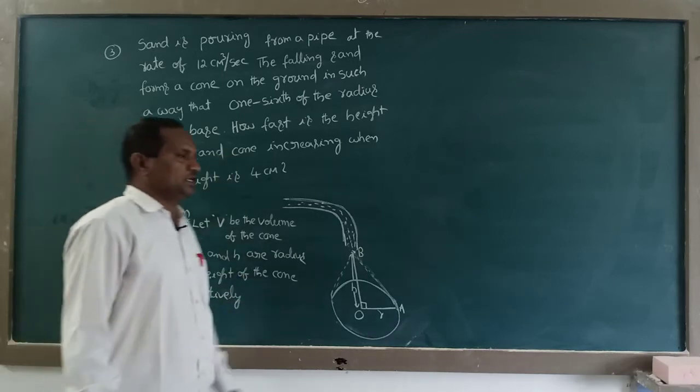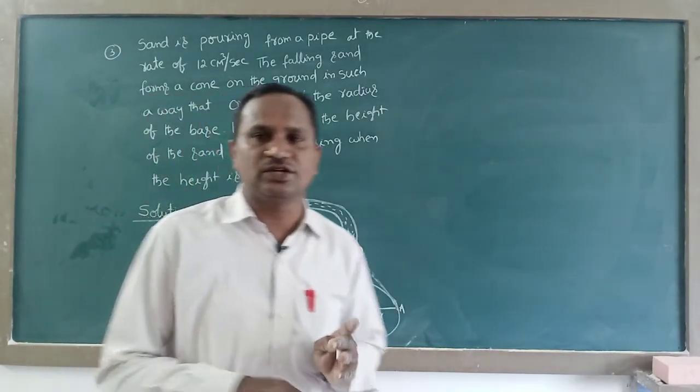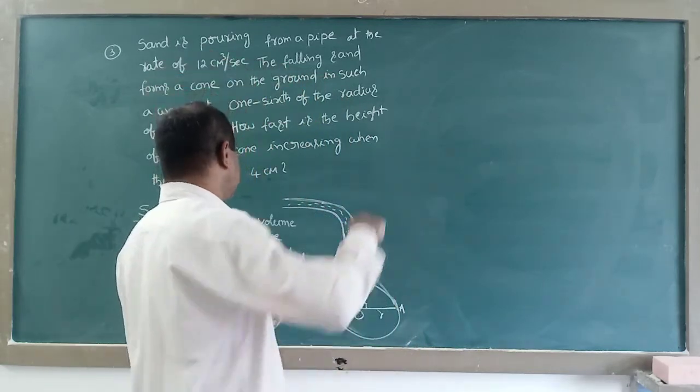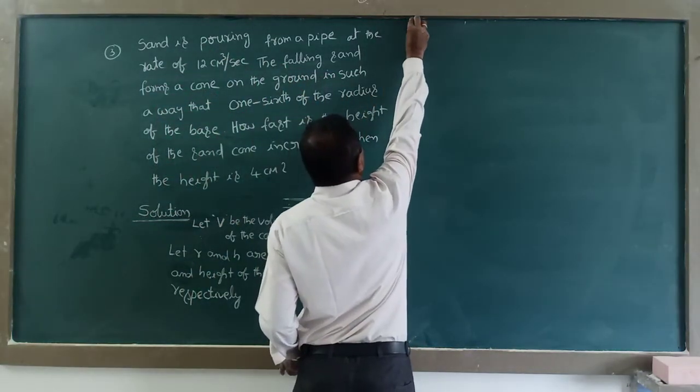But what are they giving? We should write the given conditions also here. Next is what they are giving, we should write about those.